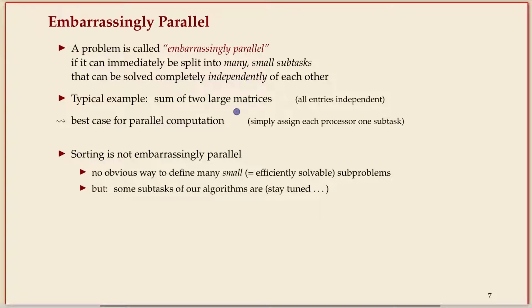A typical example that's clearly like that is if you have two large matrices and you want to compute the sum. I'm not talking about matrix products for now. If you just do the sum, remember sum of matrices is just the element-wise sum. So every entry in the output of this algorithm is depending on two things in the input, and it's not talking to any of the other subproblems.